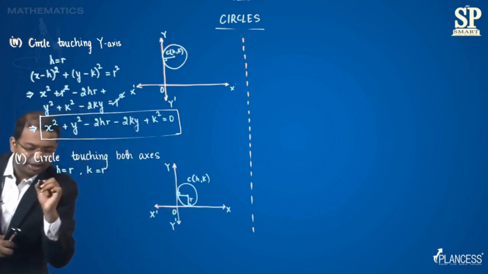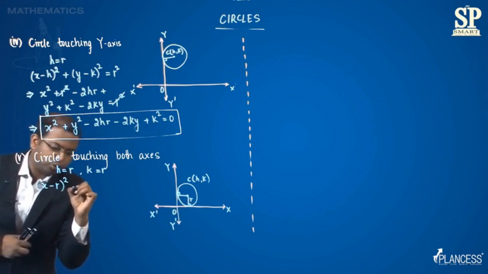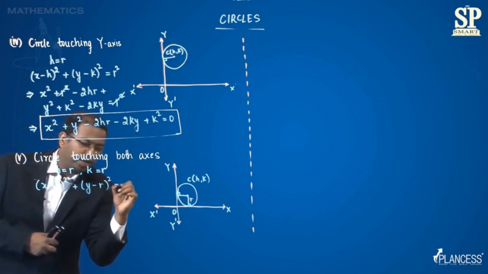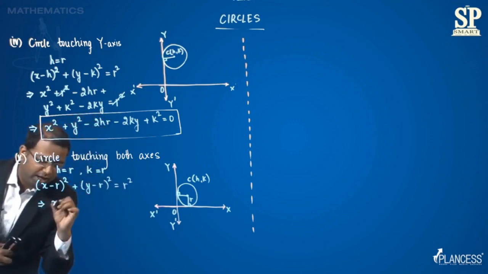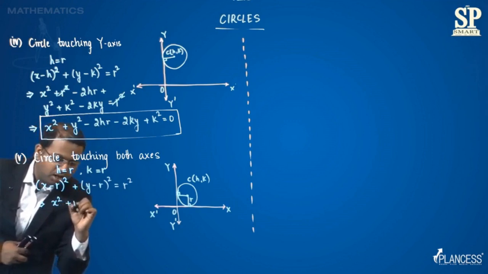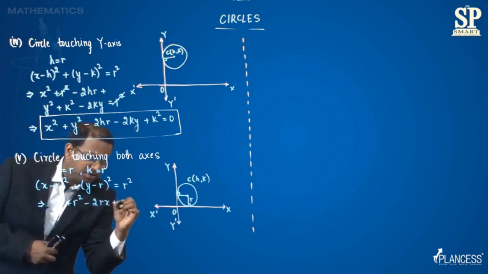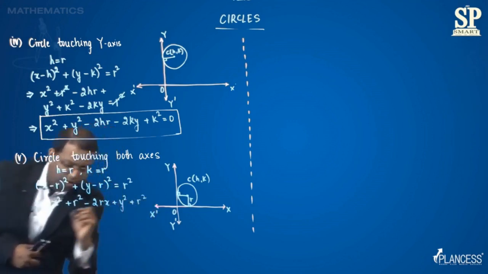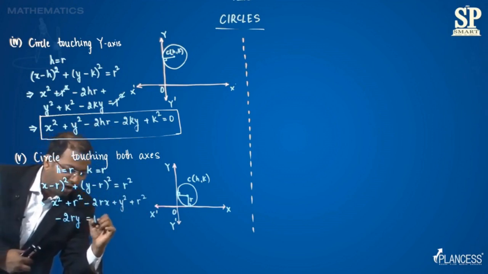So our standard equation becomes x minus r whole square plus y minus r whole square equal to radius square. So we have x square plus r square minus 2rx plus y square plus r square minus 2ry equal to r square.